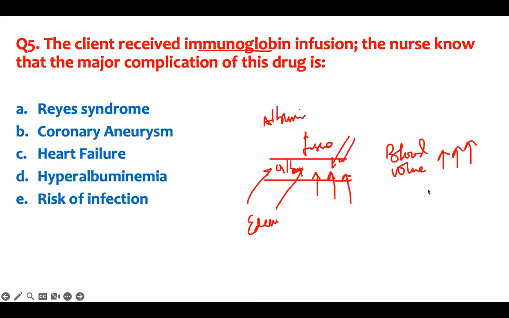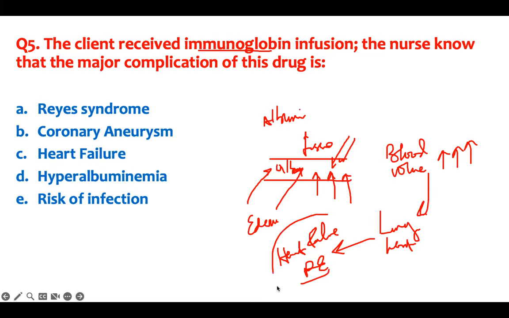Where does all the blood volume go? It goes to your lung and your heart. And so the big complication with this is heart failure or pulmonary edema. These two things you have to watch in the patient.